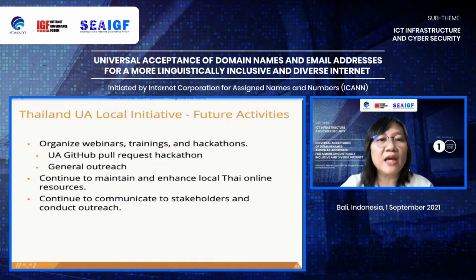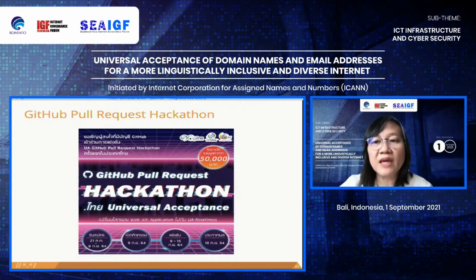So our next activity is the UA GitHub pull request hackathon. Next slide, please. We are aiming at more UA ready libraries for the communities and to build up the UA Thai developer communities, which we believe will benefit all internet users as a whole.